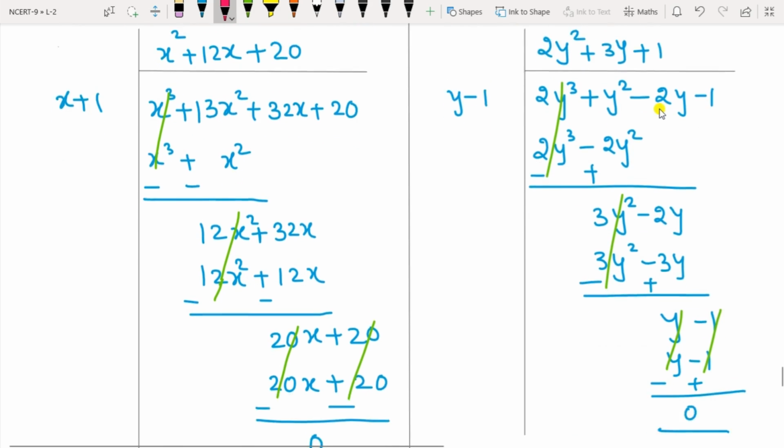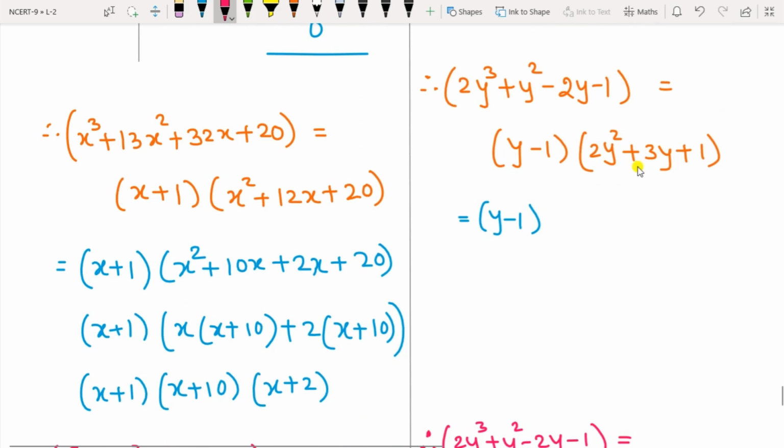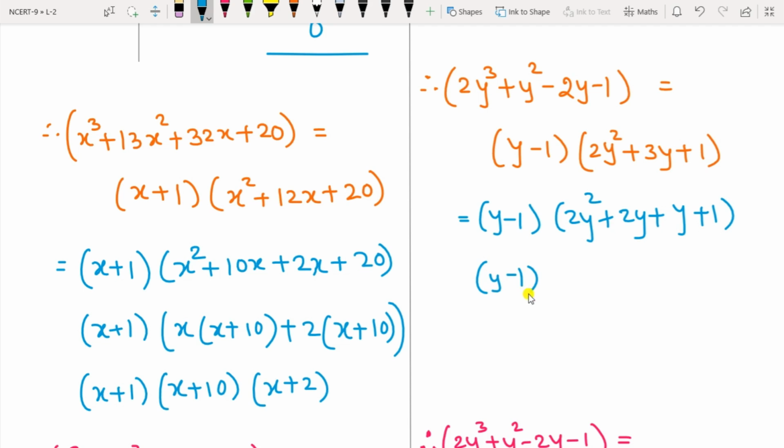Now solve this quadratic equation by splitting method. So 2 times 1 is 2. So this is 2y square plus 2y plus y plus 1. So 2 times 1 is 2 and 2 plus 1 is 3. Take out common from this. This is 2y, y plus 1 and y plus 1.